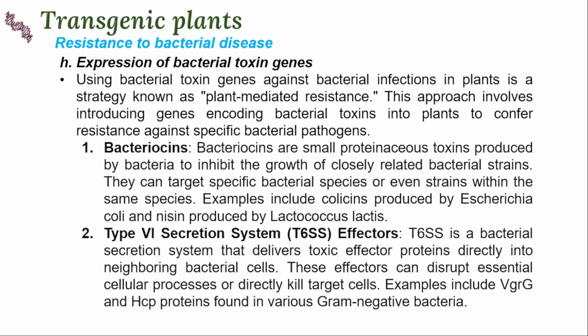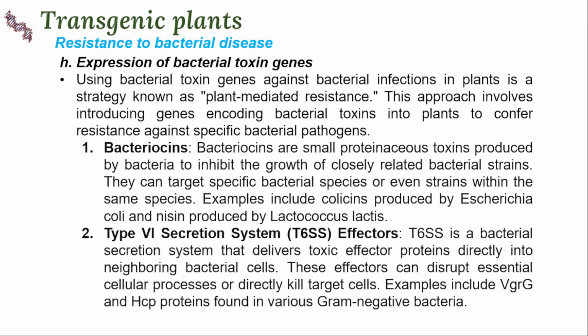Like that, one of the chemicals is bacteriocin. Bacteriocin is a chemical mainly produced by some strains of bacteria, like E. coli and others, and even Lactococcus produces it as nisin. Nisin is a bacteriocin type of chemical which prevents the growth of other bacteria.